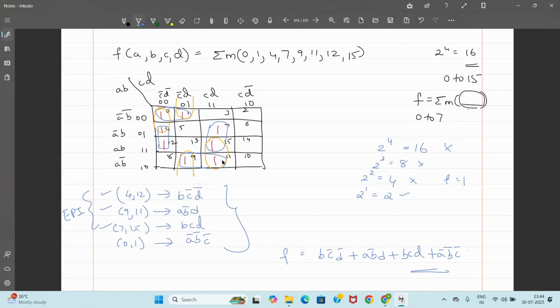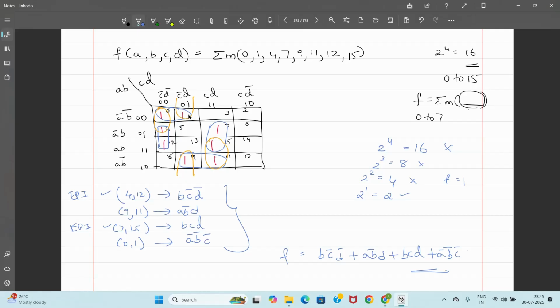So 4, 12 is essential because the cell number 12 cannot be covered in any other way. Similarly, 7, 15: cell number 7 is unique to this, which cannot be covered with any other group. So this is also essential.